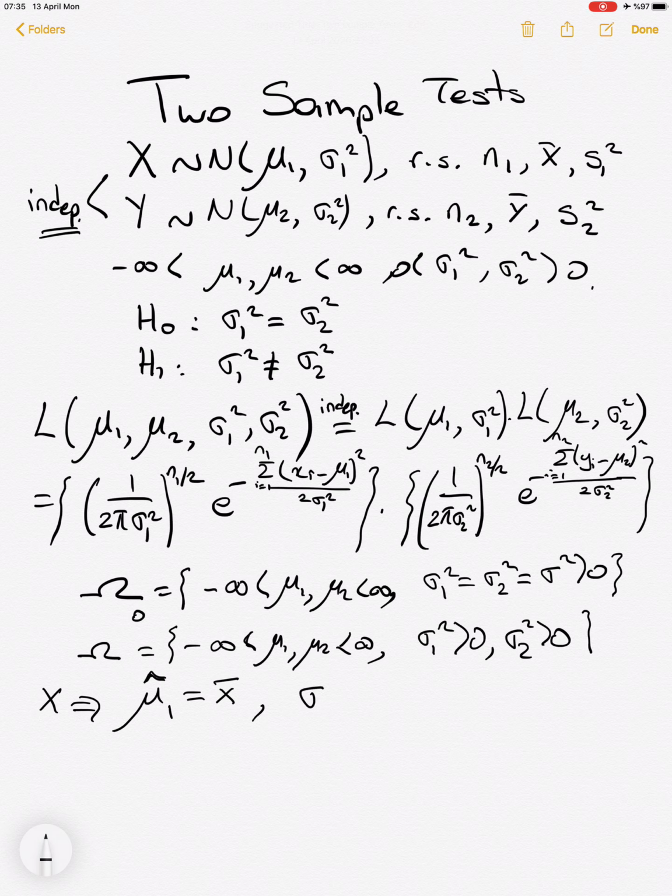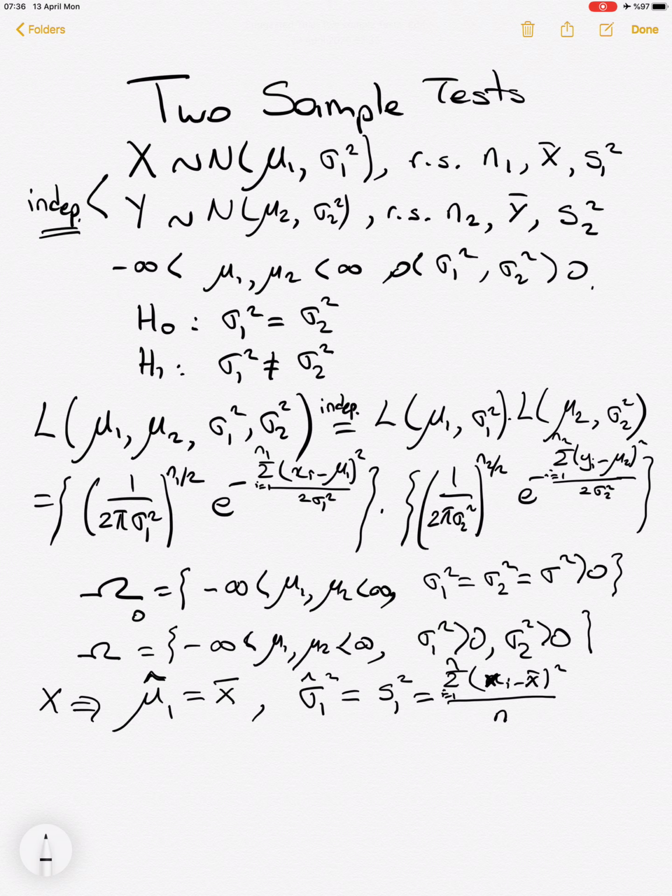And the maximum likelihood estimator of sigma 1 square is s1 square, where by s1 square I mean summation (xi minus x bar) whole square divided by n. So it is not the unbiased one.